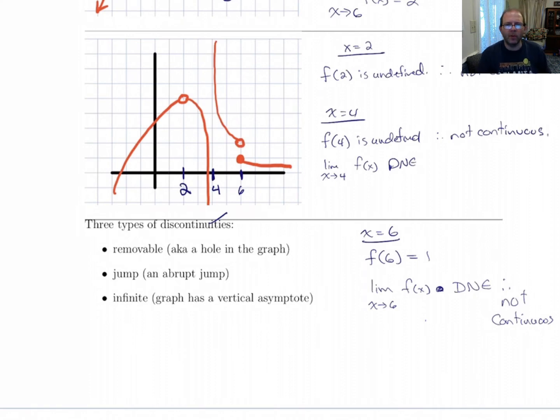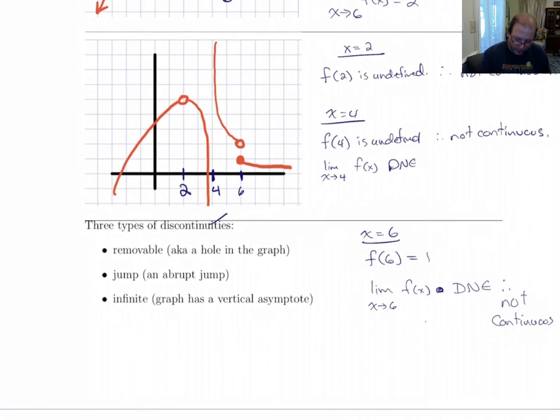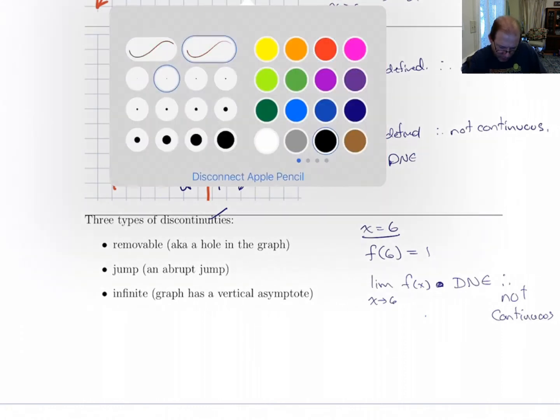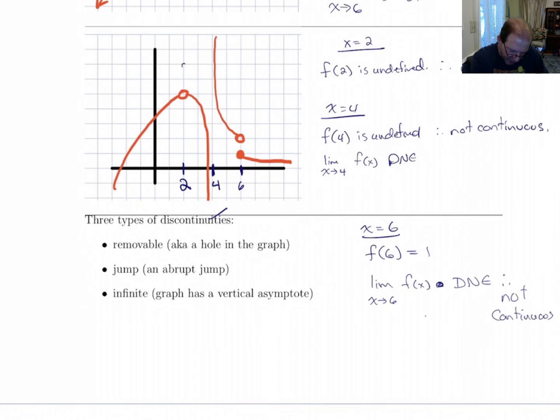Now, I want to do one more thing here. Because on 2, what if we had another dot up here on the function?